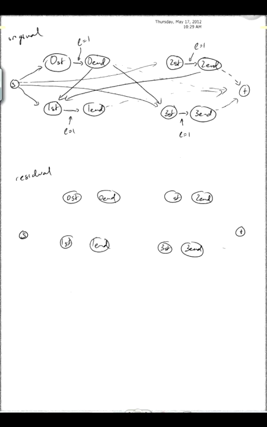So to draw this residual graph, I need to know what the upper bounds on these arcs are. So let's imagine that all upper bounds are 1, meaning that I don't want more than 1 ship on any of these arcs, which for this particular problem makes sense because we're not going to have more than 1 ship, for example, carrying out a particular delivery.